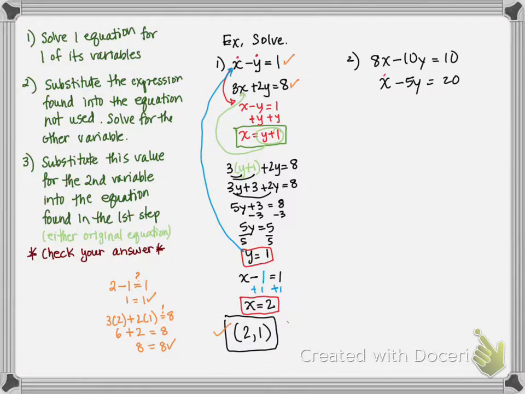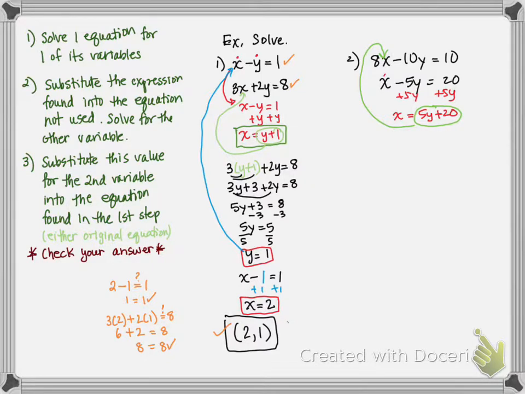All right, so very simply, we can go ahead and add 5y to both sides. And we're going to get x equals 5y plus 20. So we're going to take this 5y plus 20, and we're going to substitute it in for x in the other equation, okay?